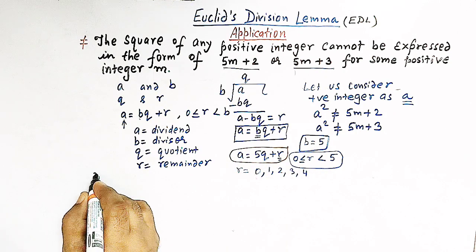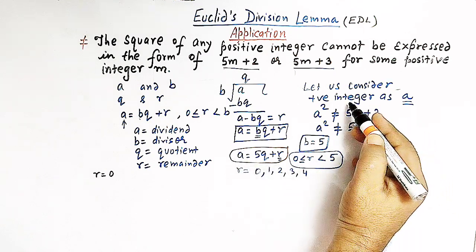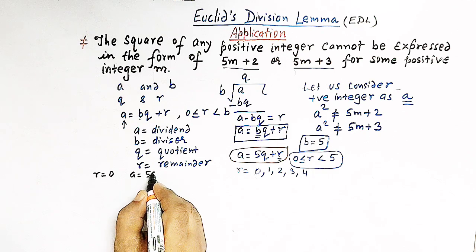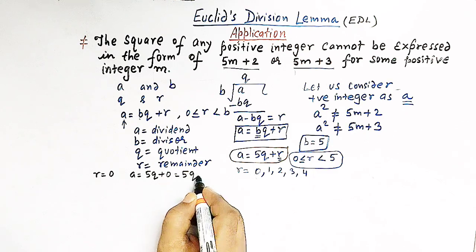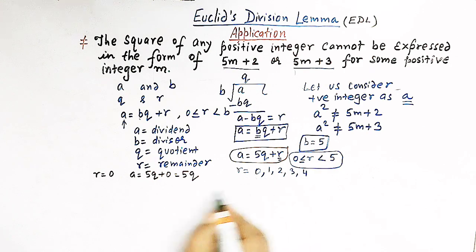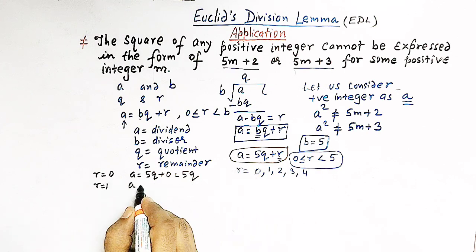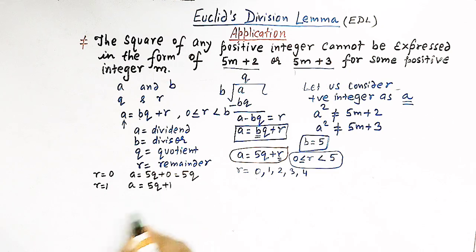right? So when we take r is equal to 0, then the positive integer a takes the form 5q plus 0, that is equal to 5q, right? When r is equal to 1, a takes the form 5q plus 1.